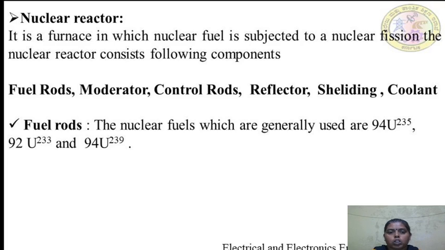As I already told, the nuclear reactor is the main component in the nuclear power plant. The nuclear reactor is nothing but a furnace in which nuclear fuel is subjected to nuclear fission.